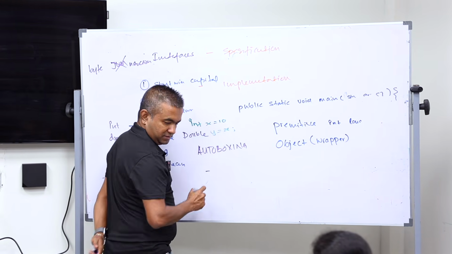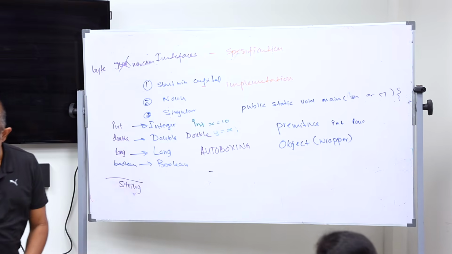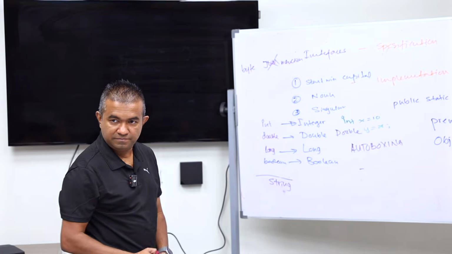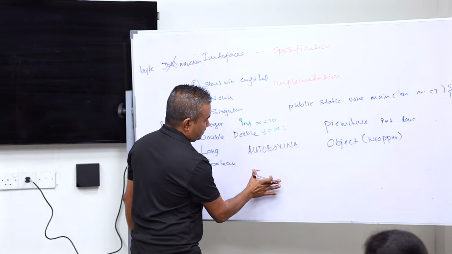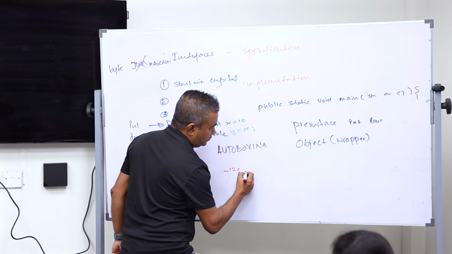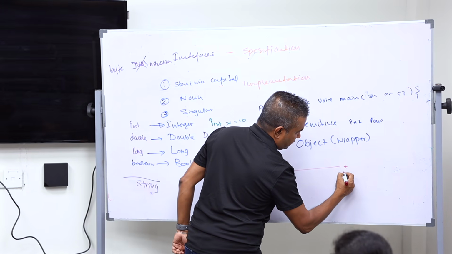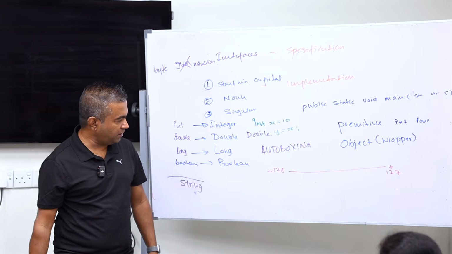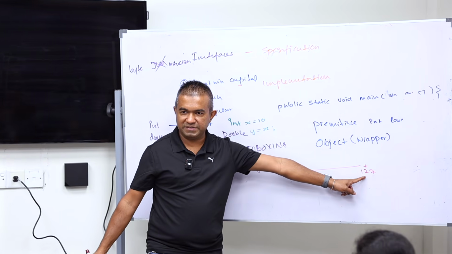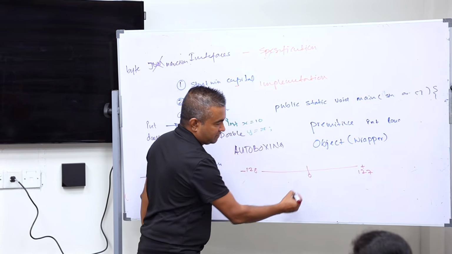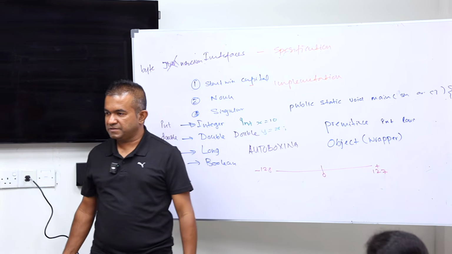Minus 128 to plus 127. Why this side no 128? Because 0 consumes one place.